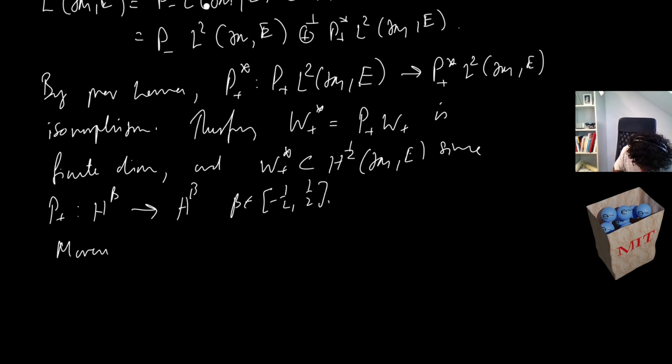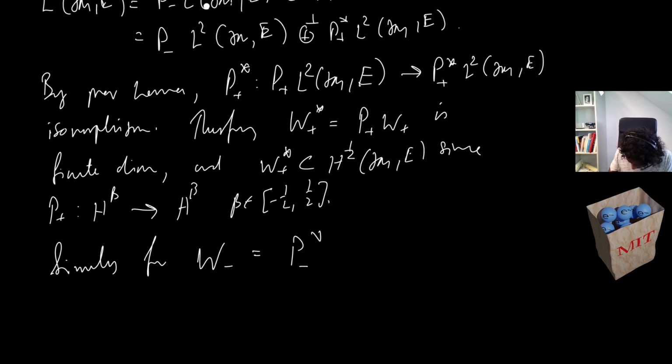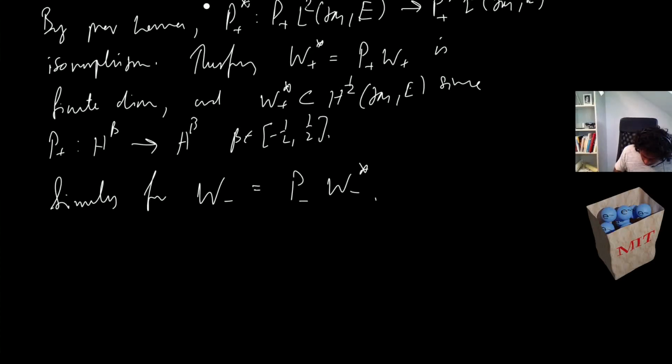Moreover, the dimensions of W plus and W plus star are also the same, right? Similarly for W minus star and W minus, which is equal to P minus star of the W minus star. So now this really proves 1 and 2.